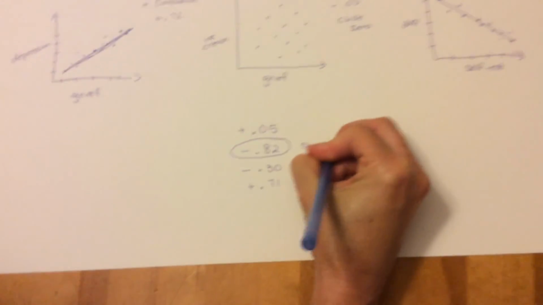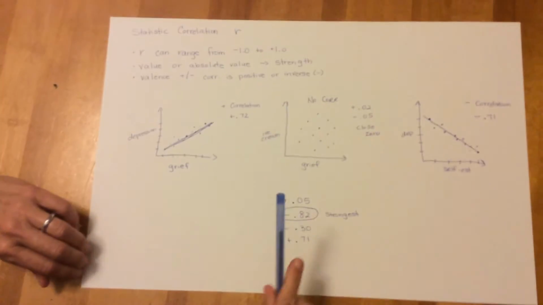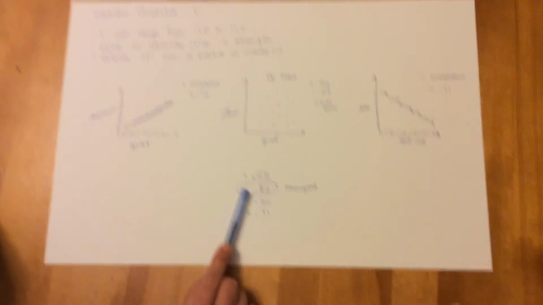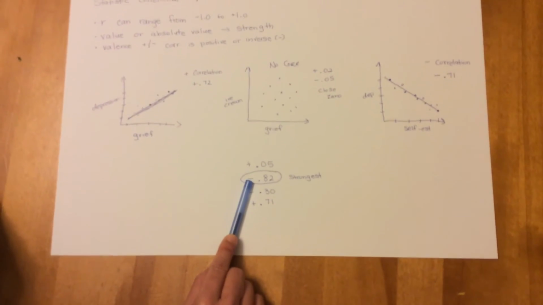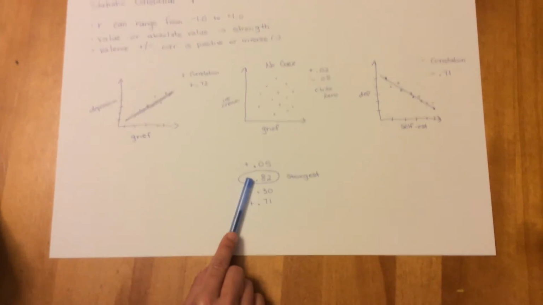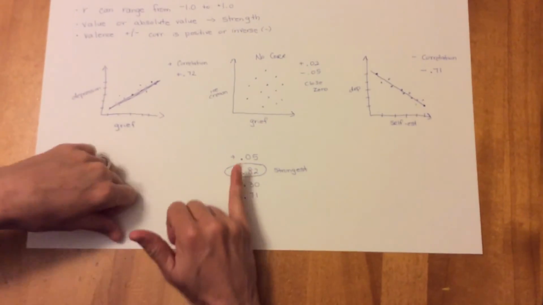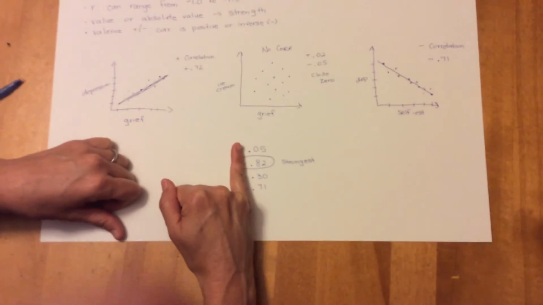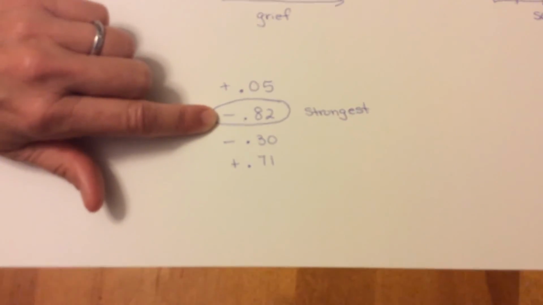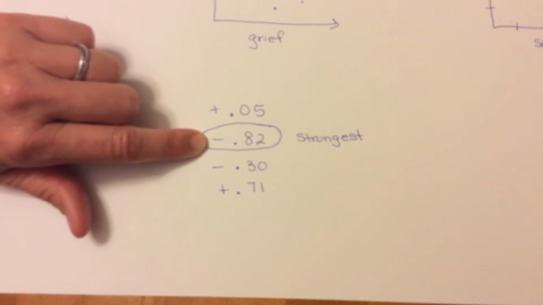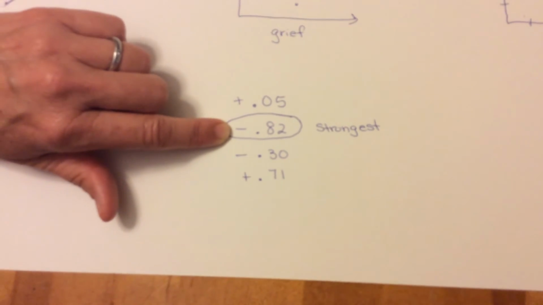Even though it's negative, that's not the absence of a correlation. It means it's an inverse correlation. If you're high on one variable, you're low on the other. So you only look at the value of the number, without the valence, to figure out which one is strongest. Then you look at the valence to determine whether the correlation goes together or is inverse, meaning high on one, low on the other.